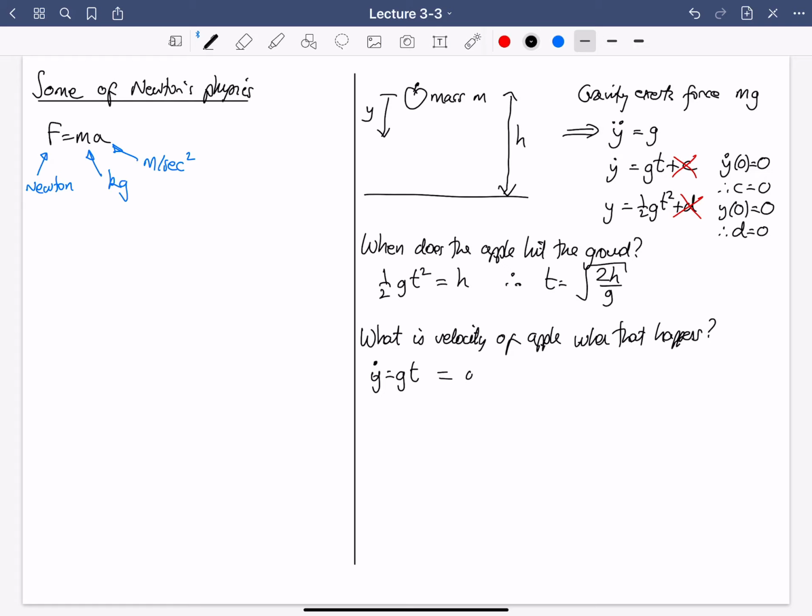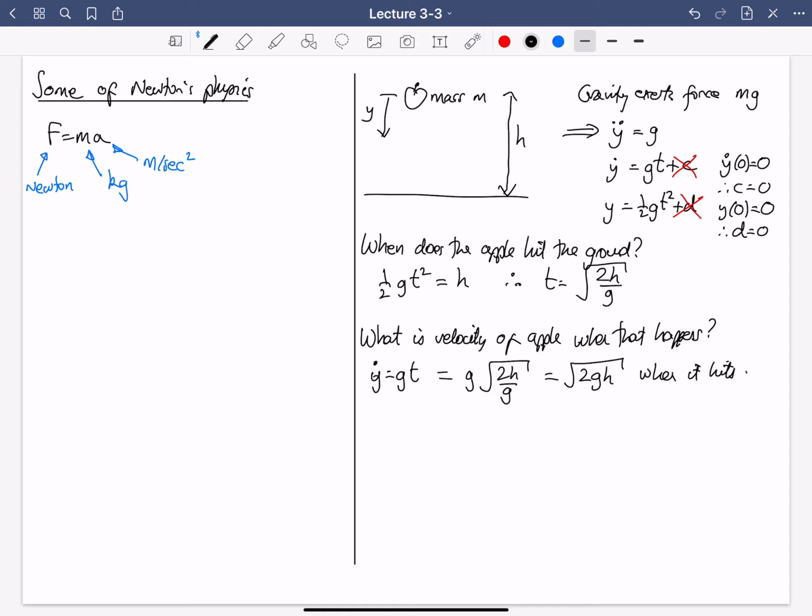So it's g times that time, root 2h over g, which is the same thing, that g comes inside the square root and it's gh, so it's the same as the square root of 2gh when it hits. Okay, so that's the velocity of the apple. That would be in meters per second. Good.